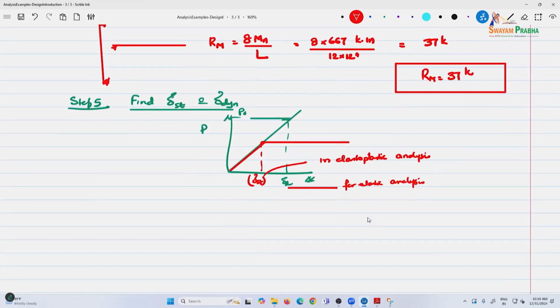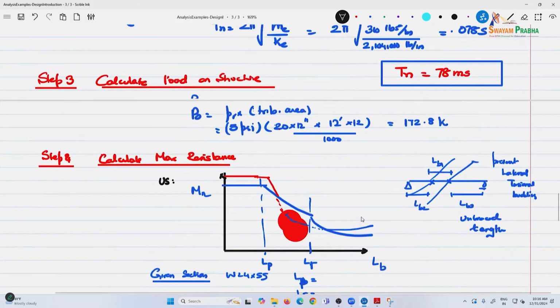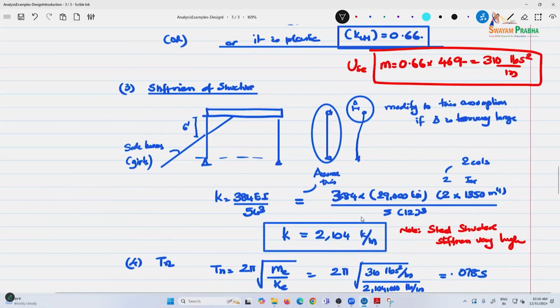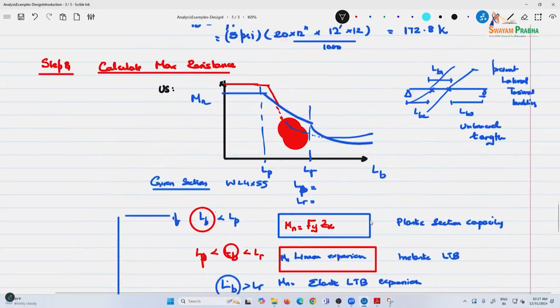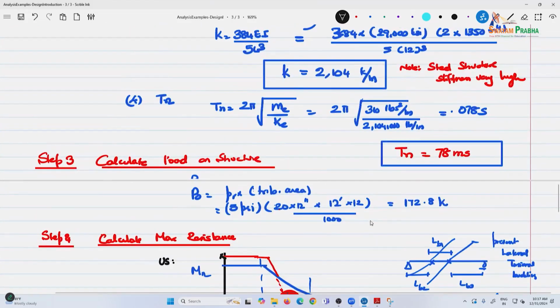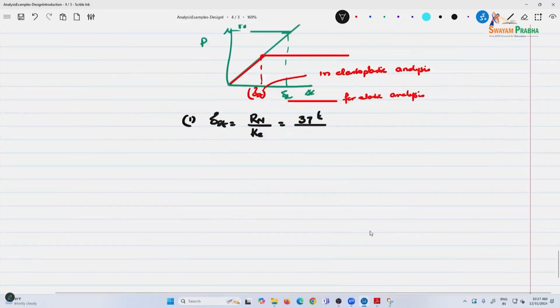So, the elastic and the plastic parts are different. So, delta static is Rm by Ke, 37 kips divided by K. K was 2104 kips per inch.